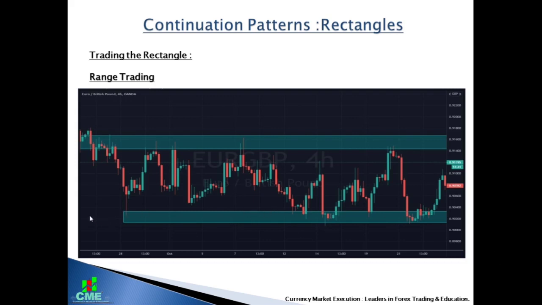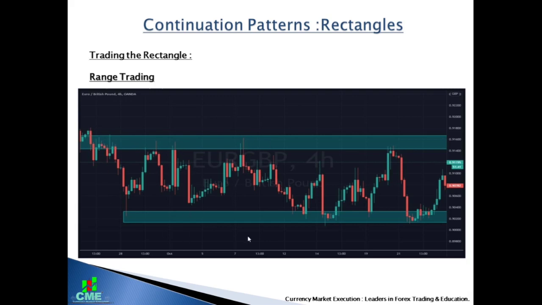Most people draw a support or resistance as a thin line and believe that's where the market will reverse. Understand that support or resistance is a zone, not one region. This zone here is your support and this zone here is your resistance, and it can even extend and the market can close and come down again.